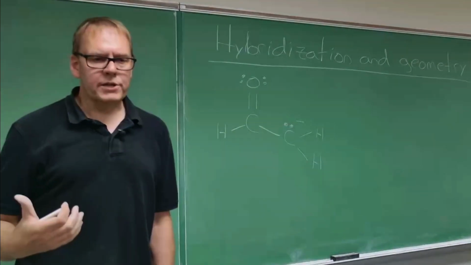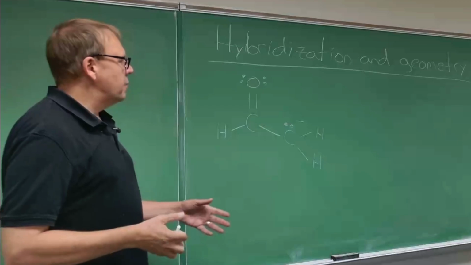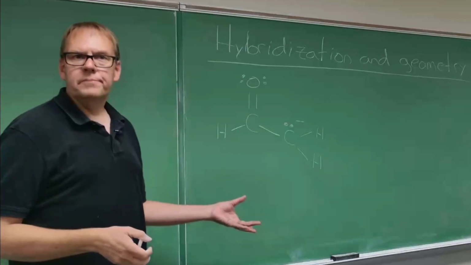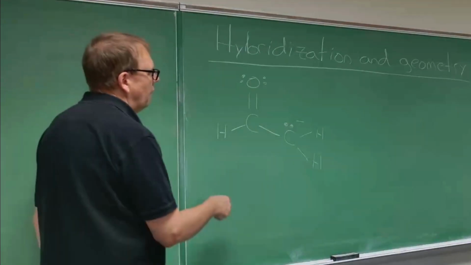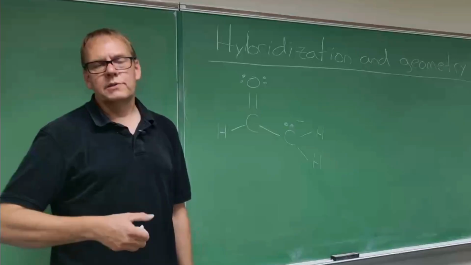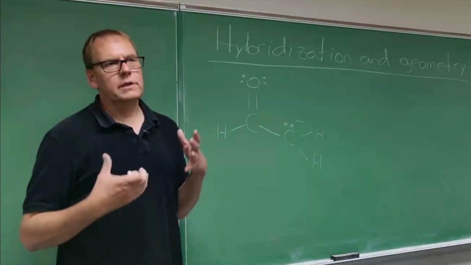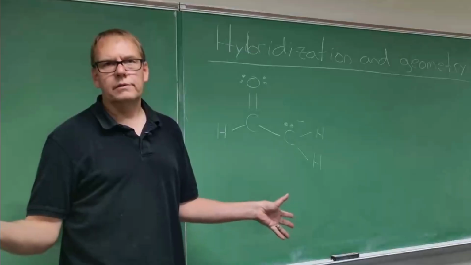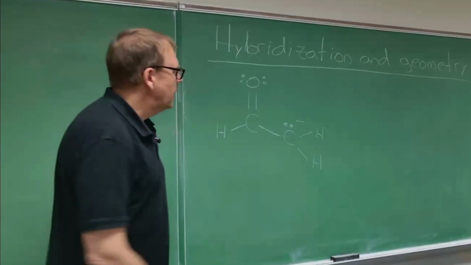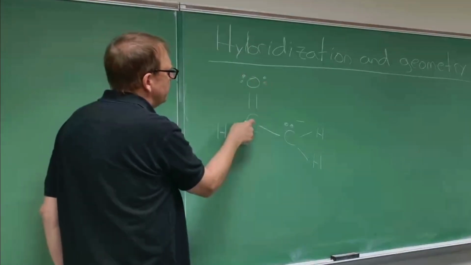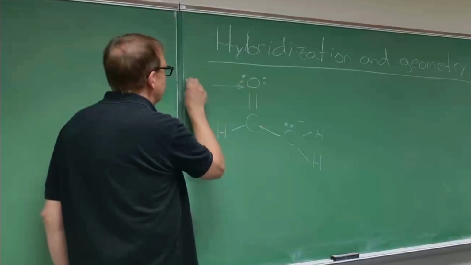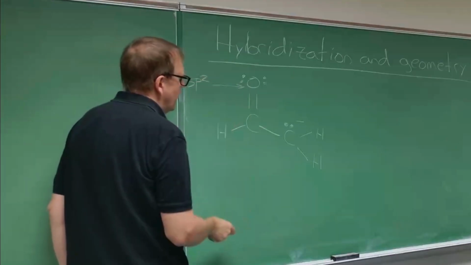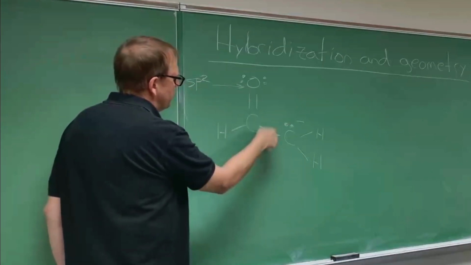So I'll start off with a question. What do you think the hybridization of all these atoms is? Well, let's count electron groups, because that's what you've learned and how you've solved this problem ever since you started learning about hybridization. Oxygen has 1, 2, 3 electron groups. That's sp2. Carbon here has 1, 2, 3 electron groups.